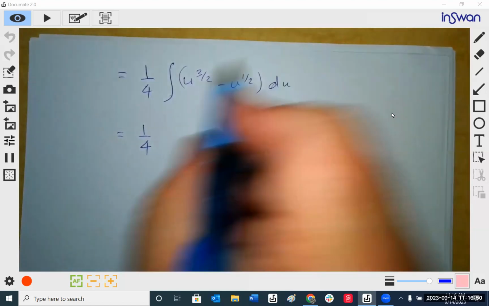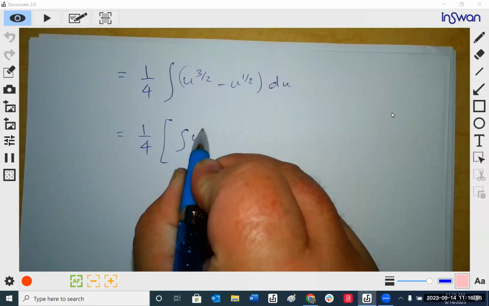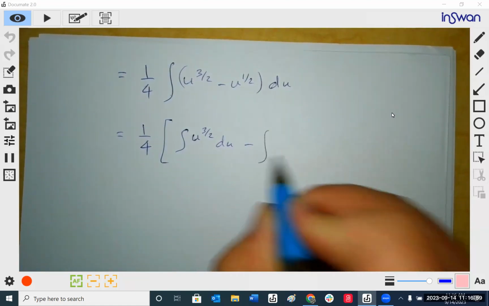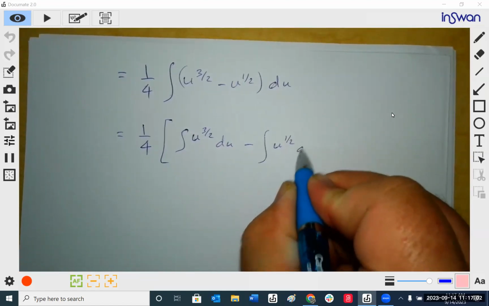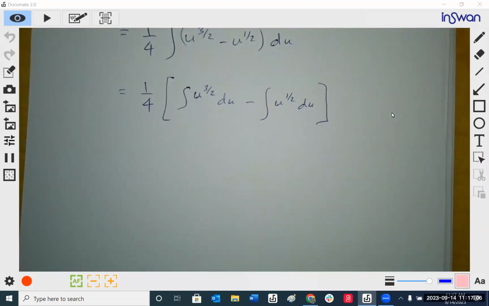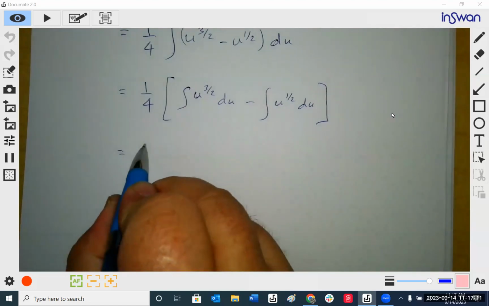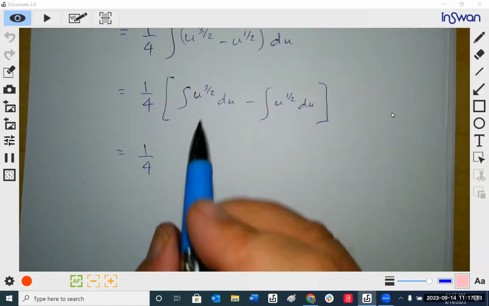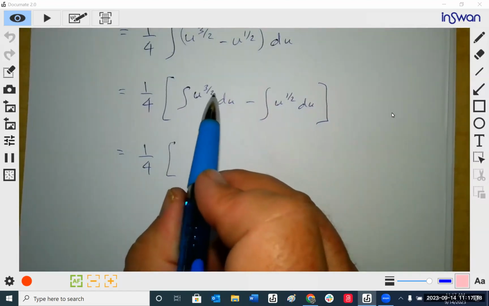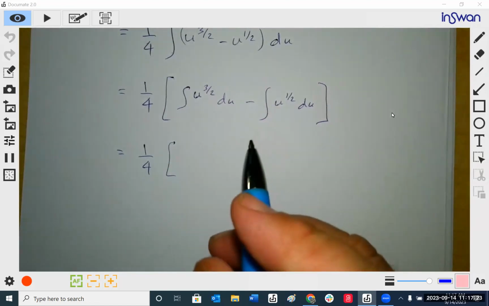Remember, we have the integral of u to the power 3/2 du minus the integral of u to the power 1/2 du, using the difference rule. Do you remember what we have to do here?